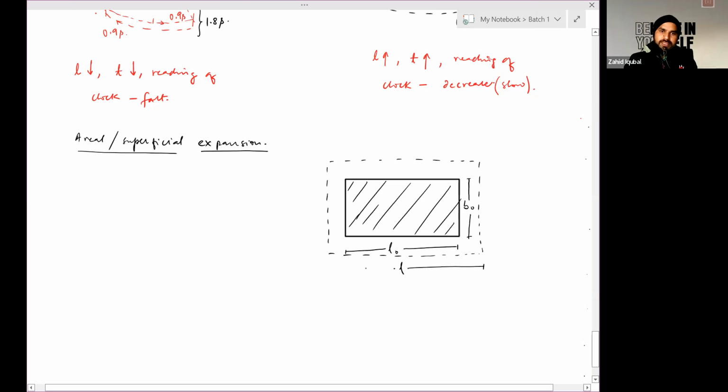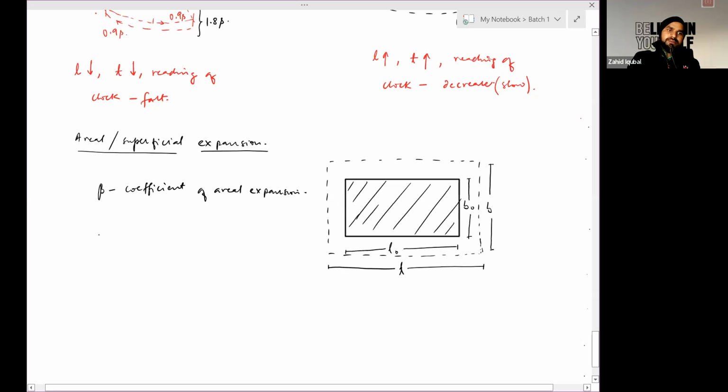So the final length will become L and the final breadth B. So like alpha, the coefficient of linear expansion, we may define for this part beta, the coefficient of areal expansion.